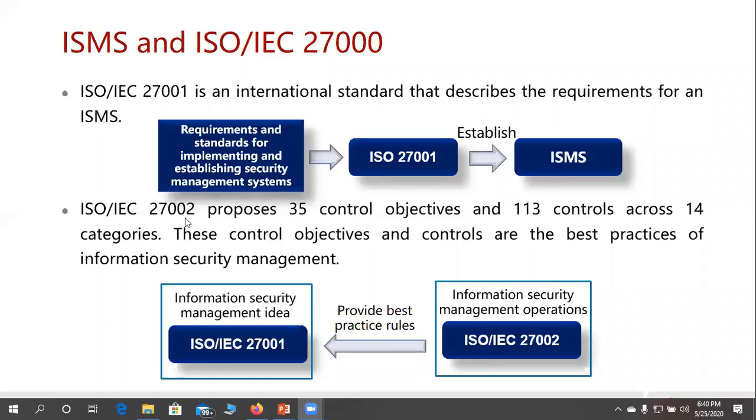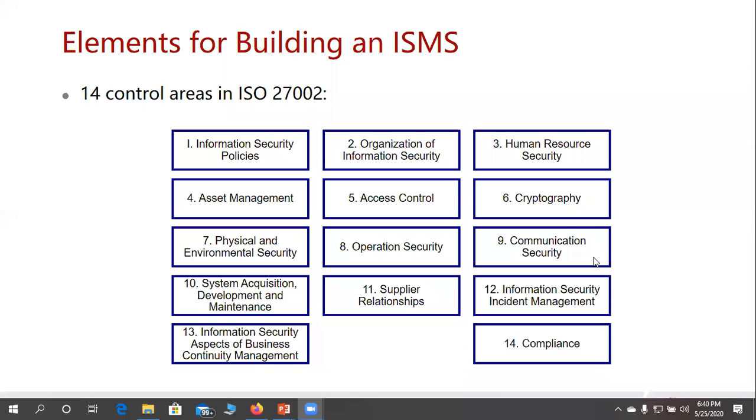Okay. So you can see that the ISO 27002 has 35 control objectives, okay, 113 controls, and 14 categories. So these are the 14 categories, okay? So when you look at category 1 here, this one deals with information security policies.